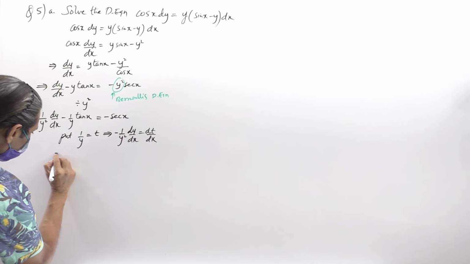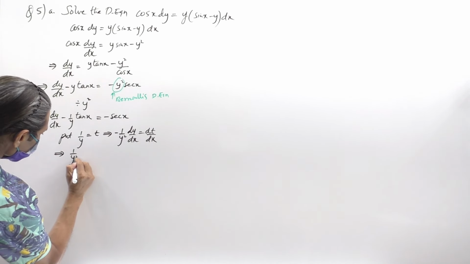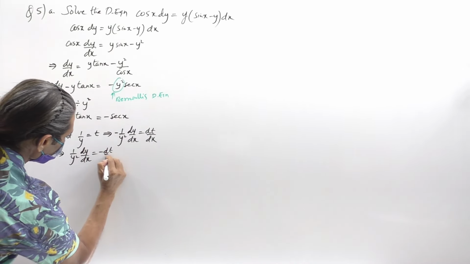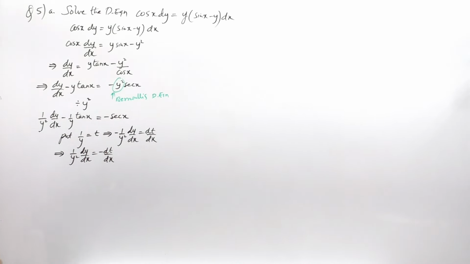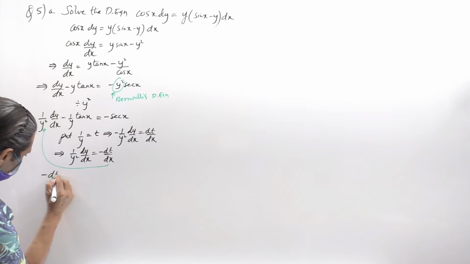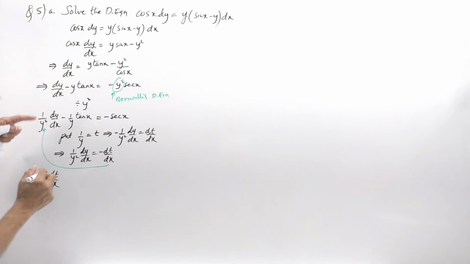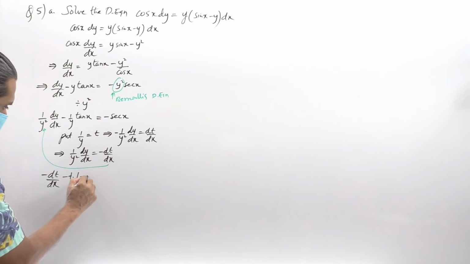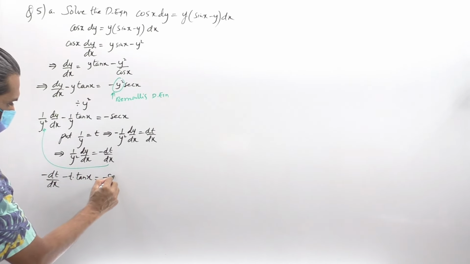That means 1 by y squared dy by dx will be minus dt by dx. Now I will substitute everything here. In place of 1 by y squared dy by dx, I put minus dt by dx, and here 1 by y is t, so minus t tan x equals minus secant x. Fine.